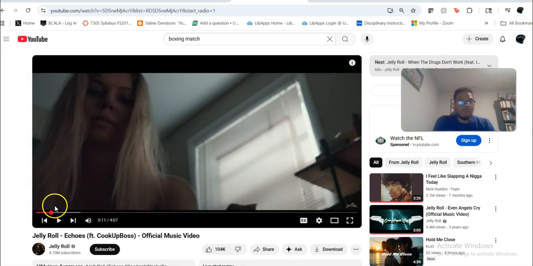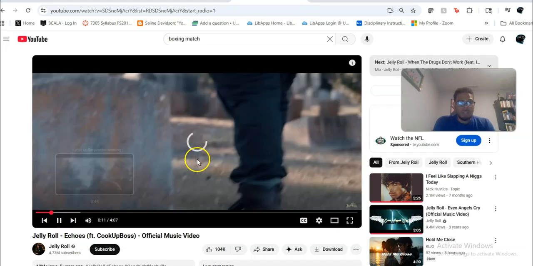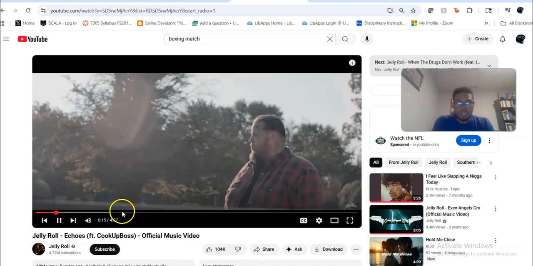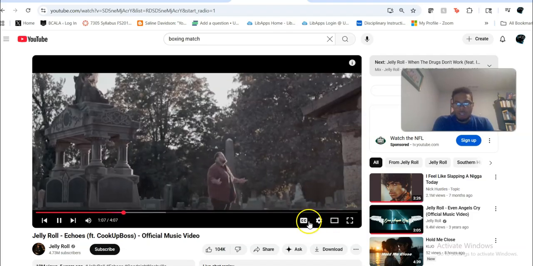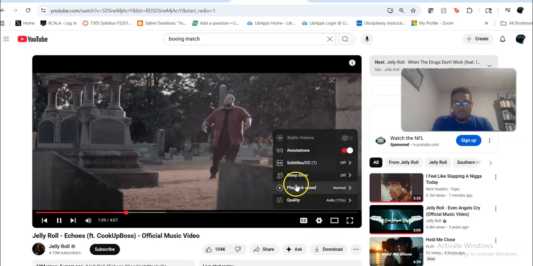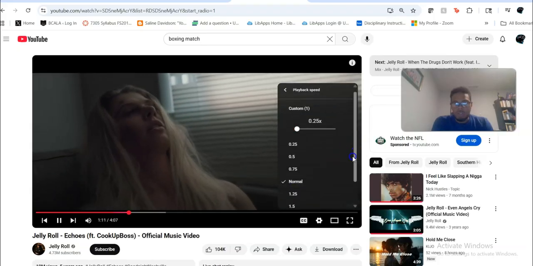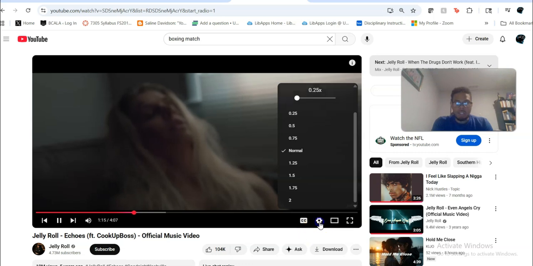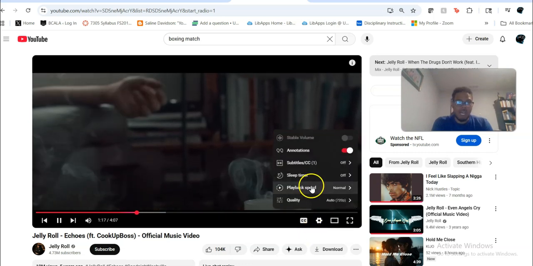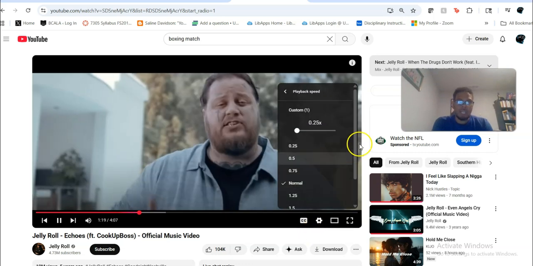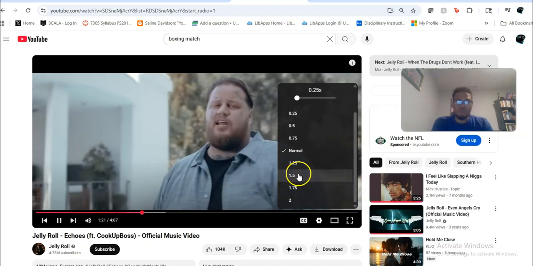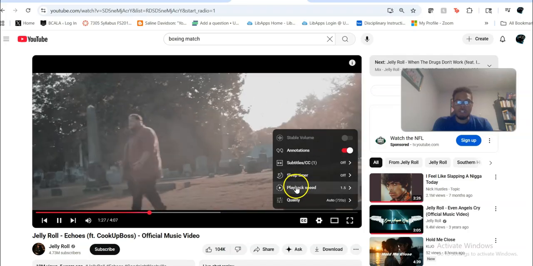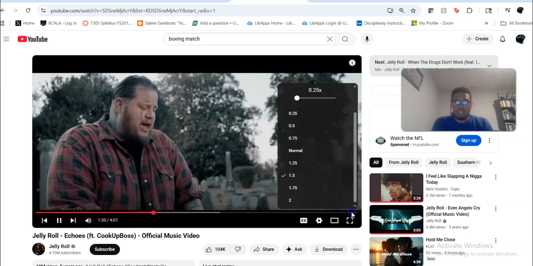If you want to speed one up, you come to this icon, you go to playback speed, and then you can go to 1.5, and now you see it's much faster.